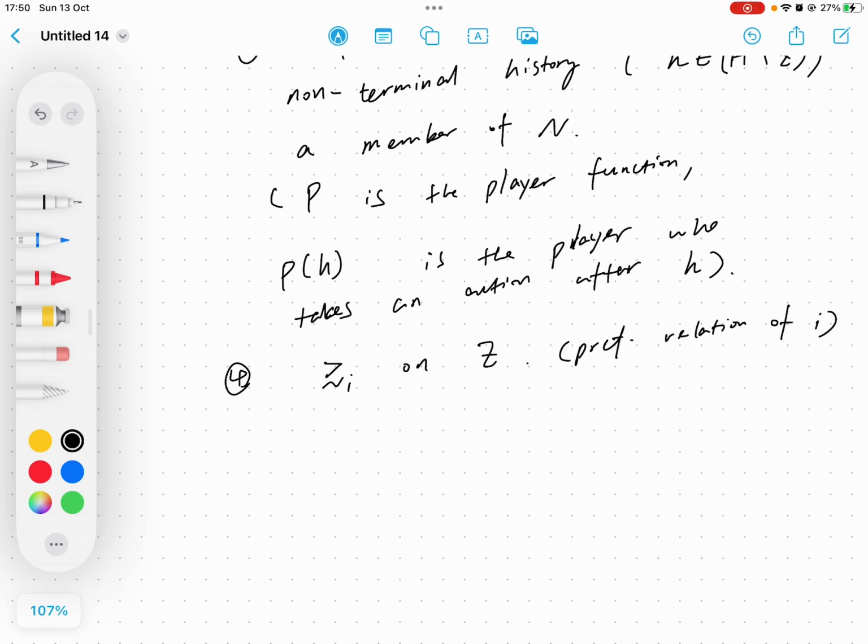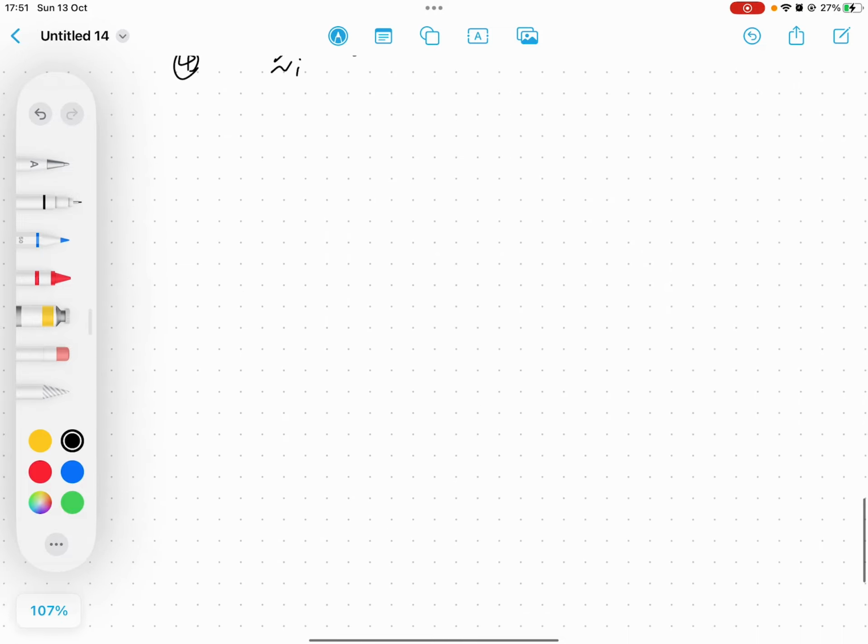Okay, so now let's have an example for illustrating the idea of the extensive game with perfect information. So let's just adapt the example from the textbook.